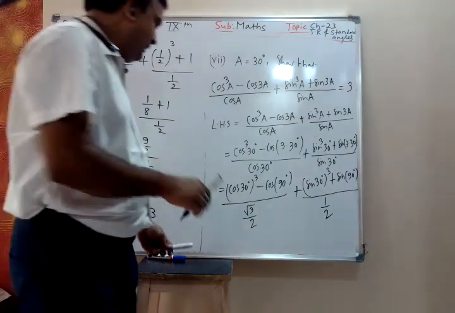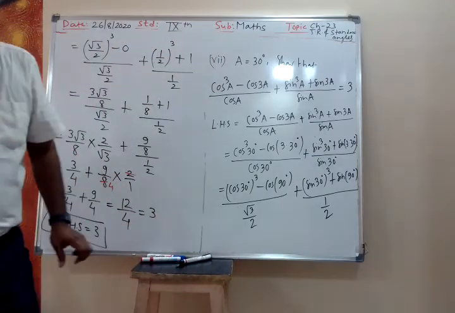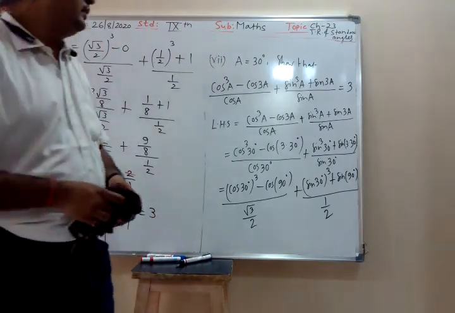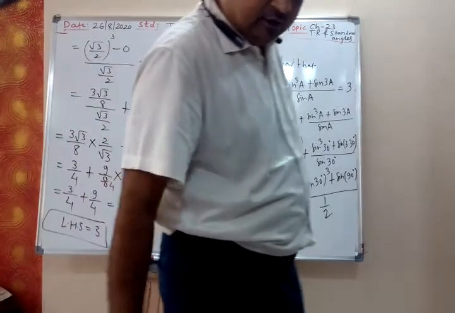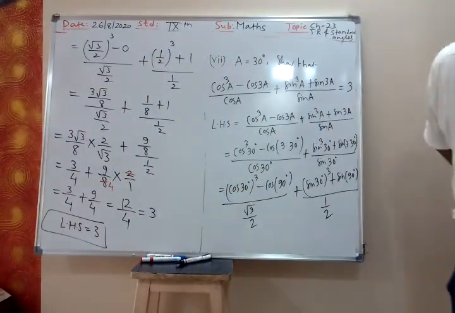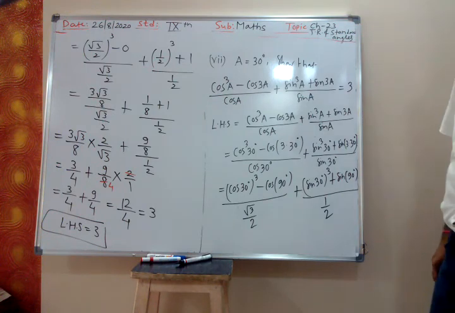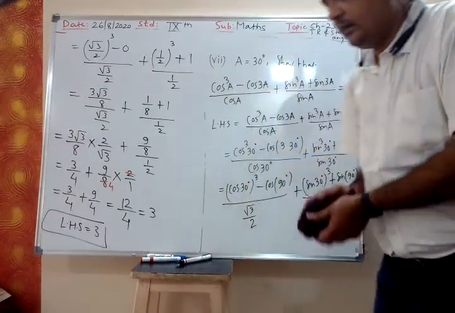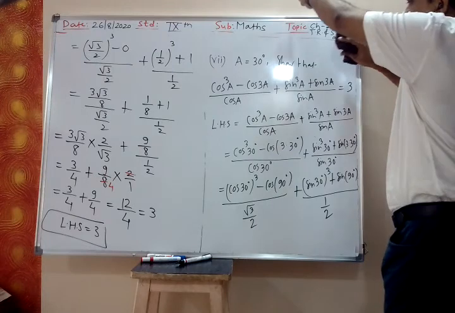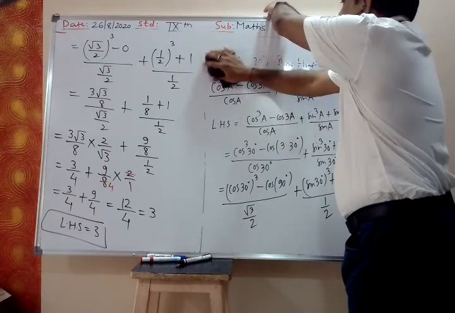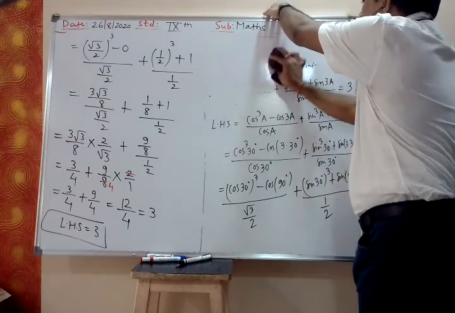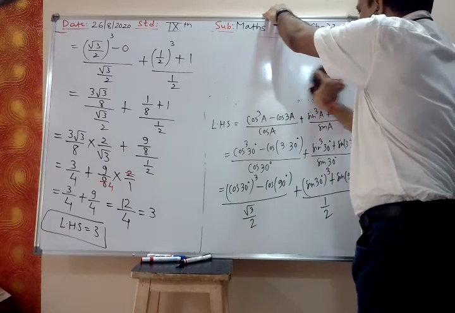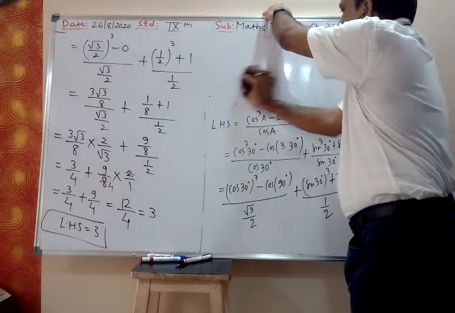And what is the right hand side? Right hand side is 3. Wait, let me write, at least complete this.